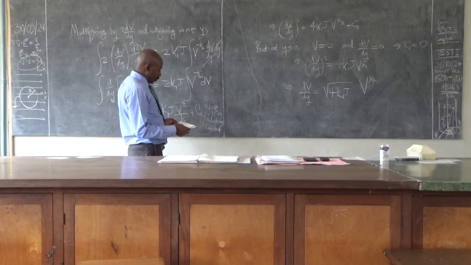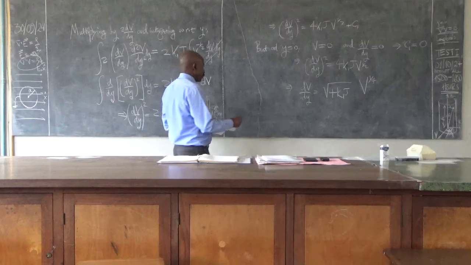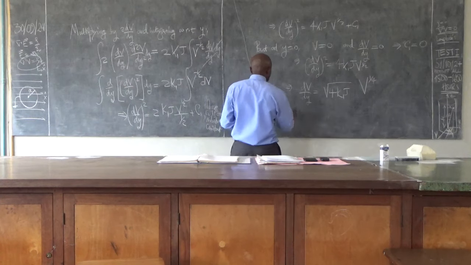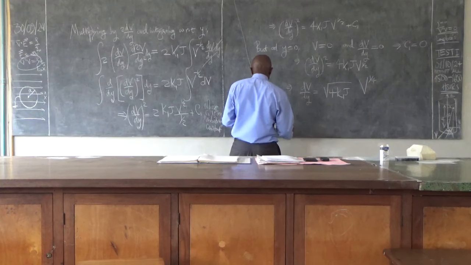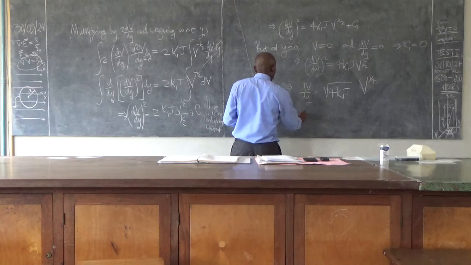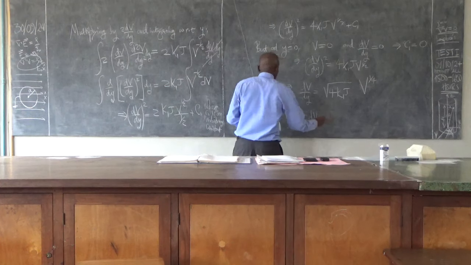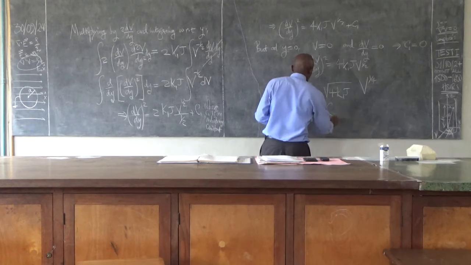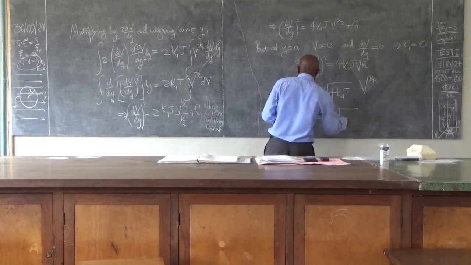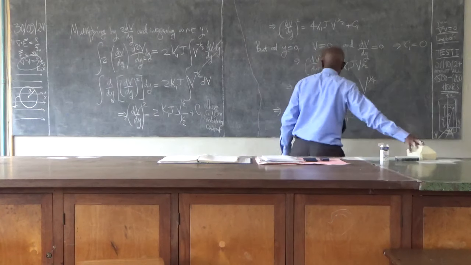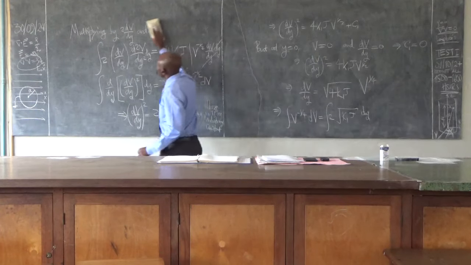So if we need the potential, we now integrate. This would imply that integrating V to the minus a quarter dV, when you put it this side, would be the same as the integral of 2 root k1 J dy. This is integration or algebraic gymnastics.